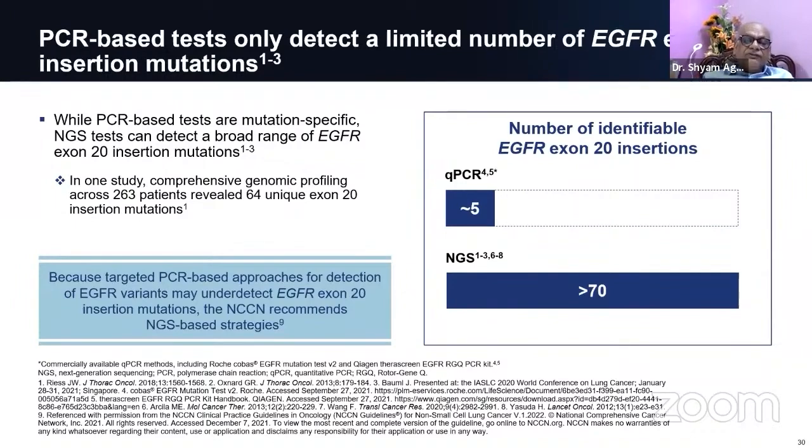So, if you really want to pick up the exon 20 insertion mutations, you should be looking at NGS and not PCR, because as I showed you, the insertion is at several points, and you need to have a large number of PCR panels, which is not usually possible. Next slide.